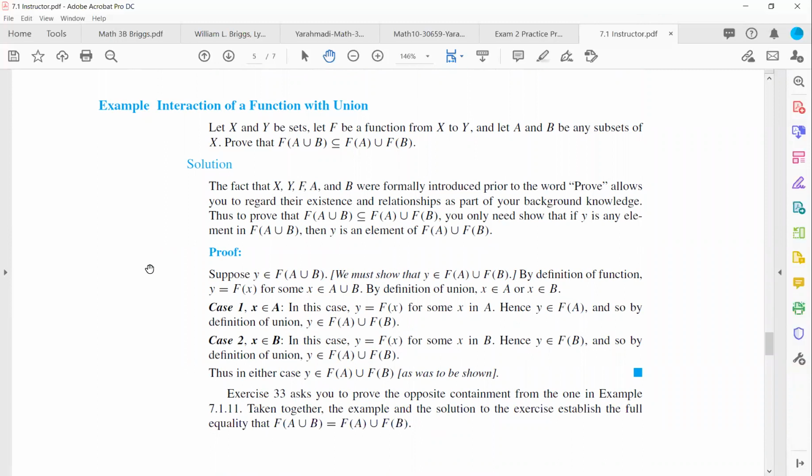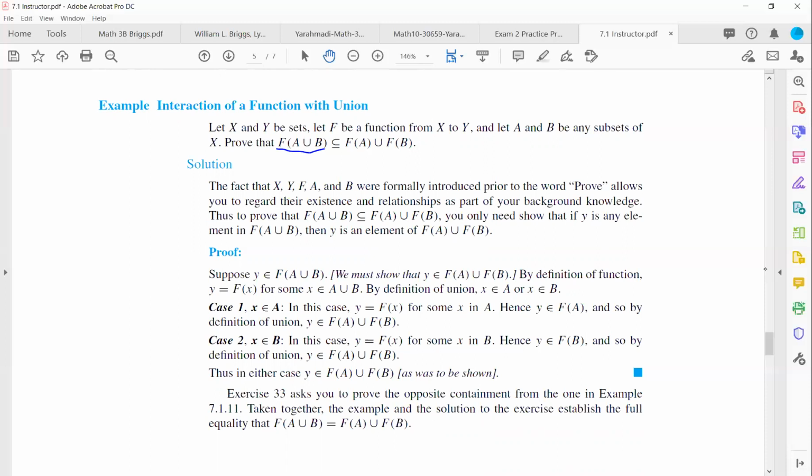Example. Suppose you have two sets, X and Y, and f is a function that maps X to Y. Suppose you have two subsets A and B of X. Then the image of A union B under f is a subset of the union of their images.